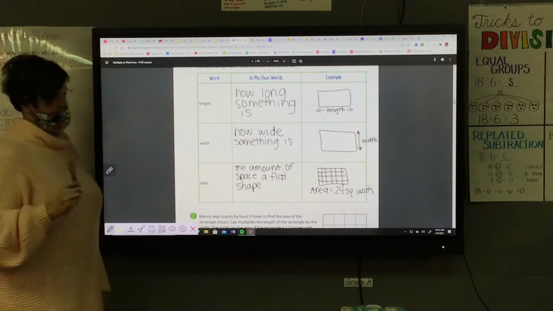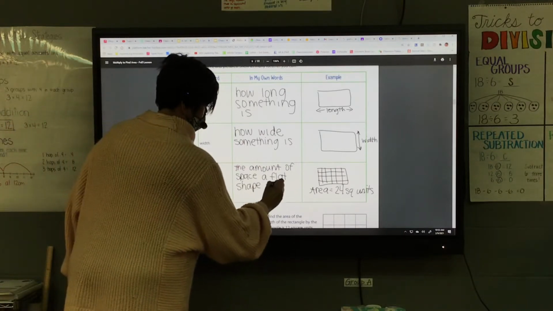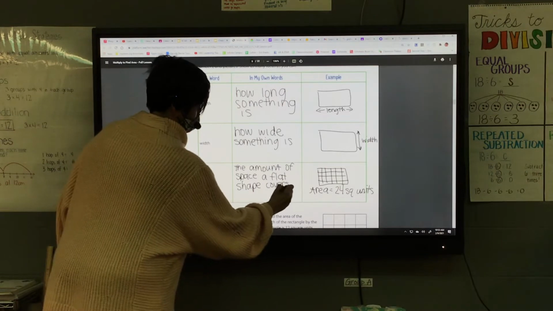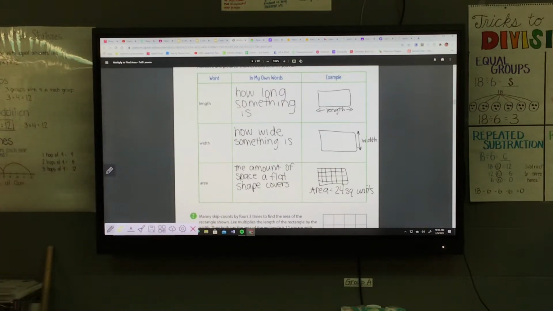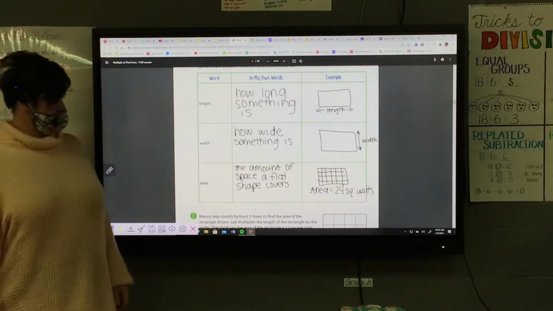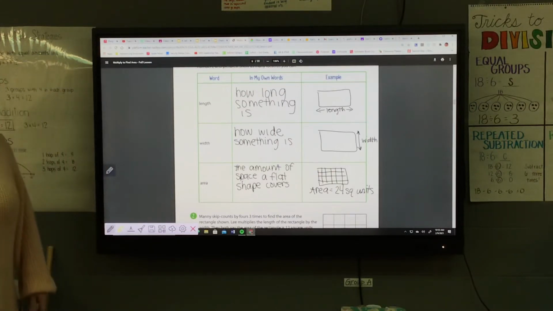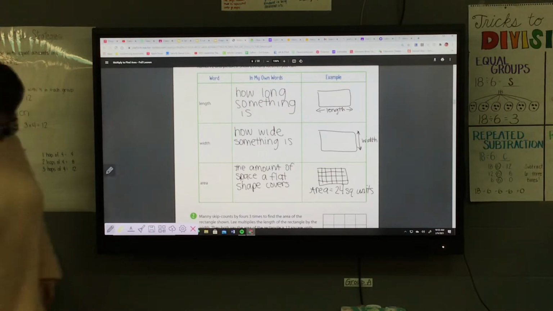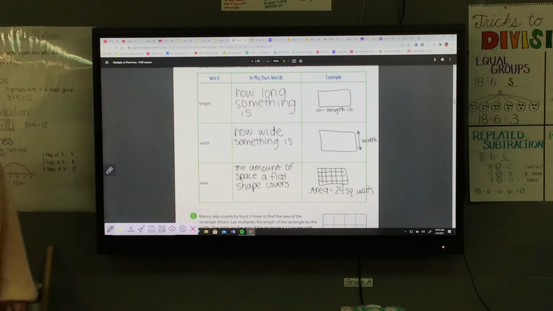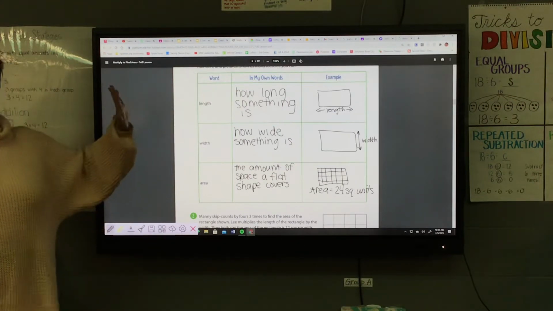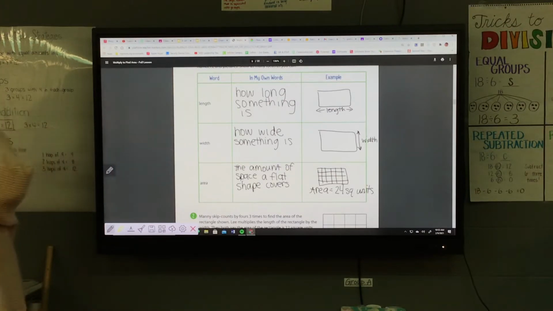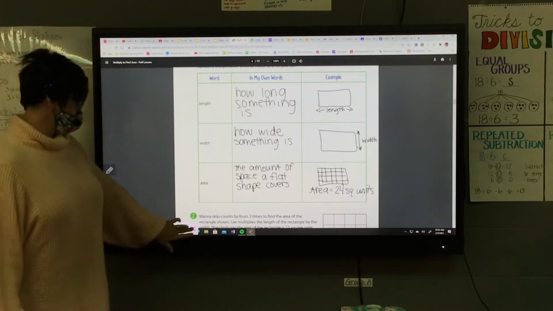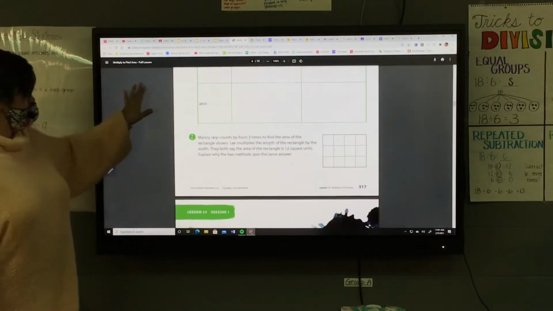Actually, I'm going to say covers. The amount of space a flat shape covers. Oh, there's a second part down there, isn't there? Okay, everybody have this? Okay, because I need to get rid of it in order to be able to move up.